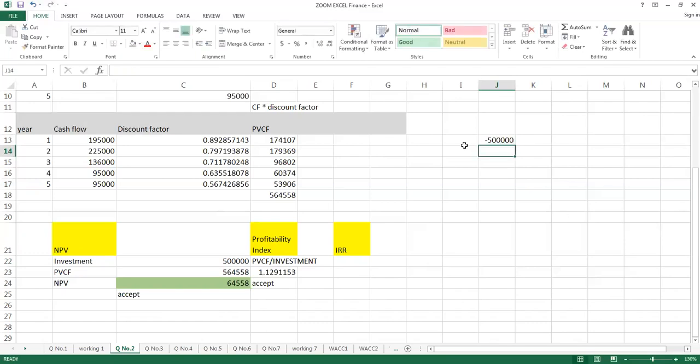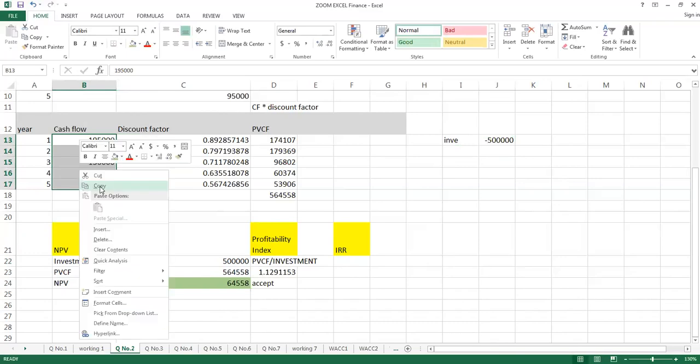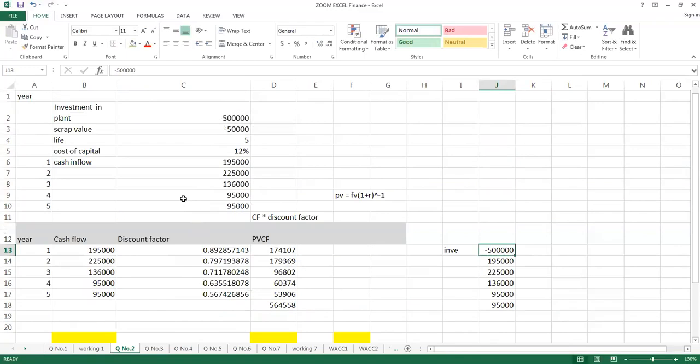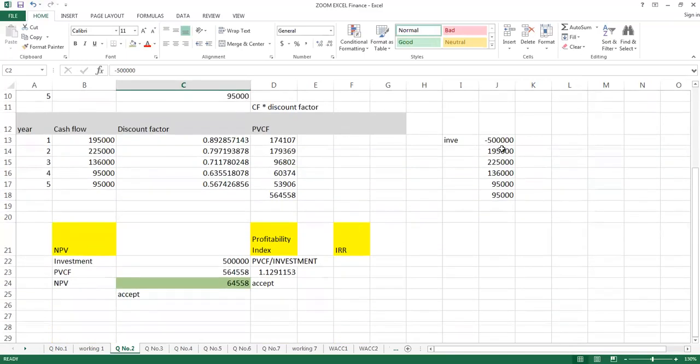I will keep my investment with a negative sign, and I will keep all the cash inflows as positive amounts. So look, this is your investment, and these are the cash inflows that were given in the question.